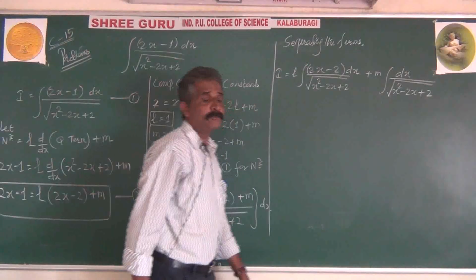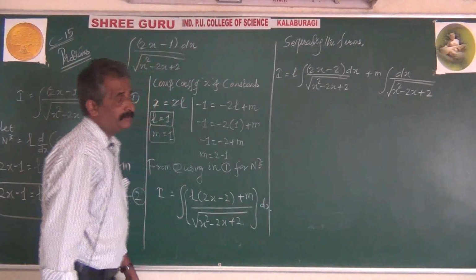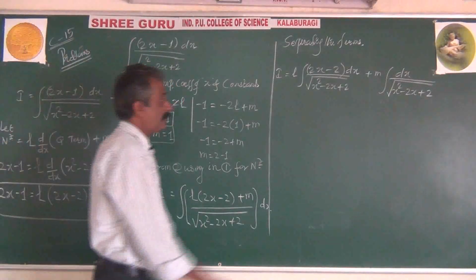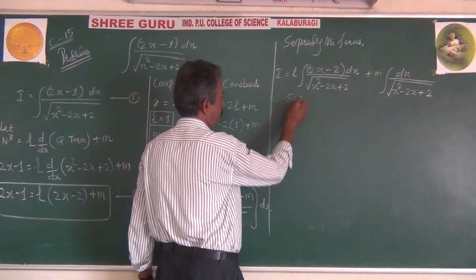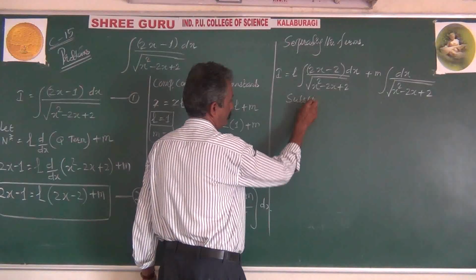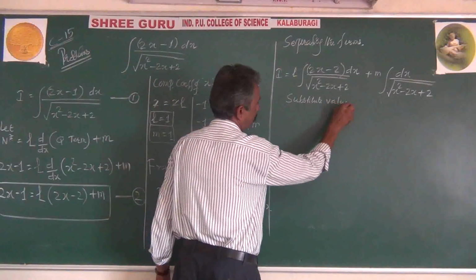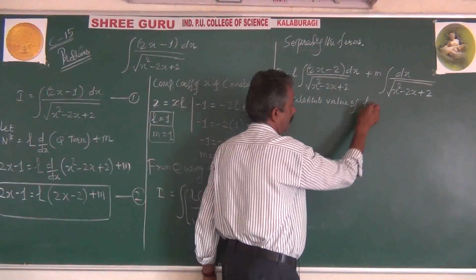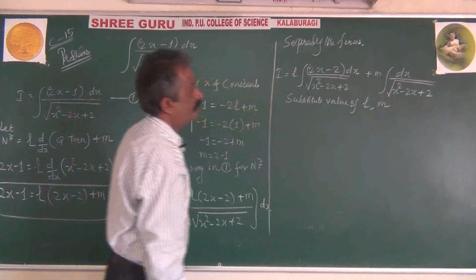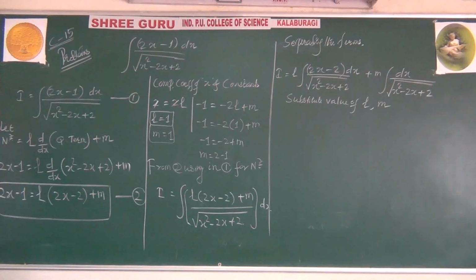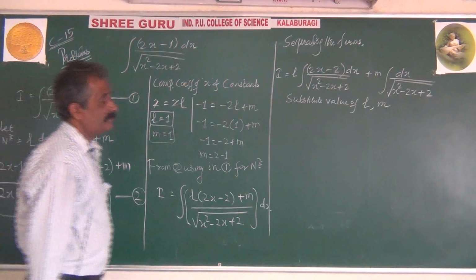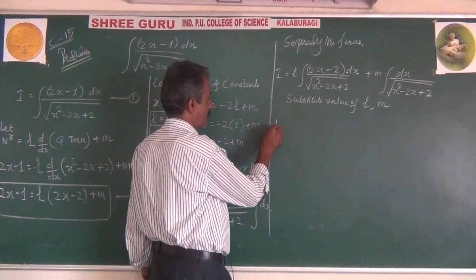Now substitute the values of L and M. What is L? L value is 1. M is also 1.